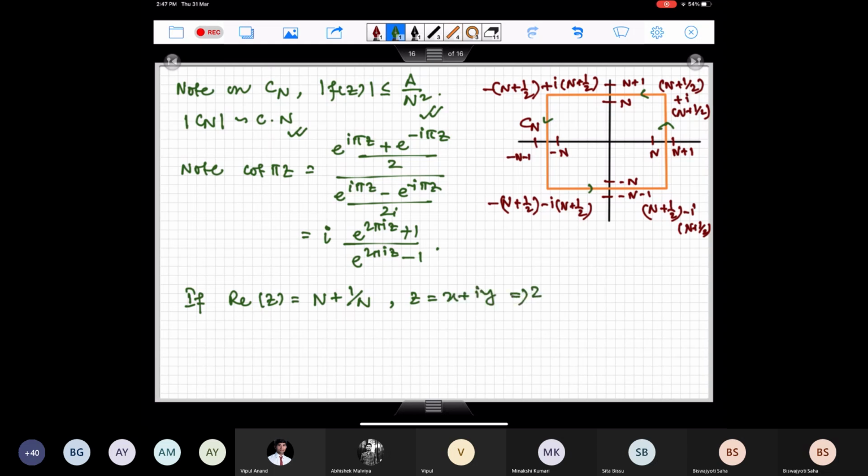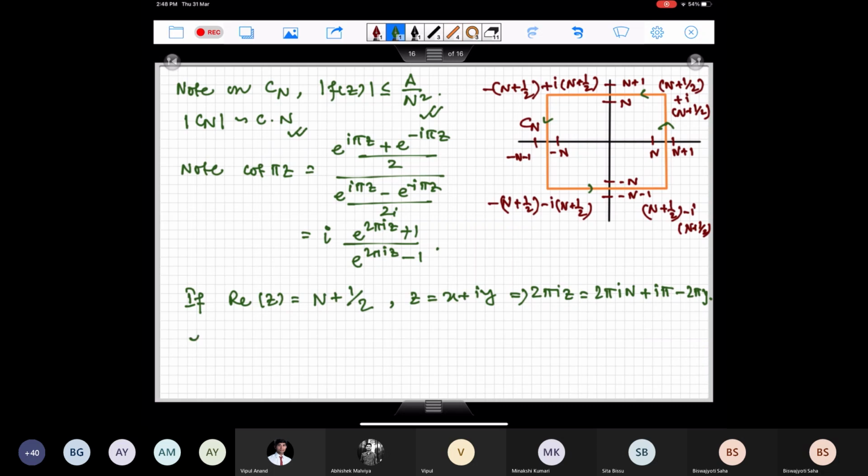So this implies 2 pi iz is, the real part, 2 pi i N, then I have half, so that gives me plus i pi, and then I have minus 2 pi y. That's what 2 i pi z is.